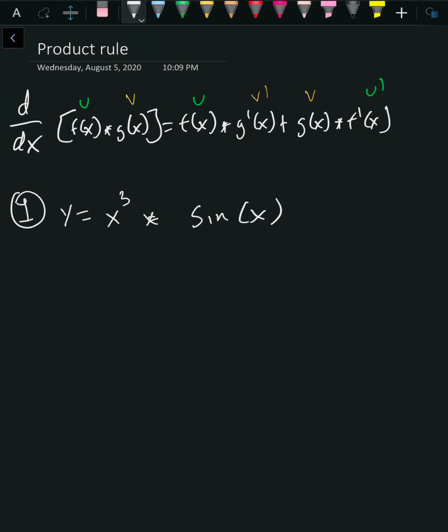y is equal to x cubed times sine of x. Right. Like I said, this is going to be our first term and this is going to be our second term. Before starting to solve, let's find the derivatives of each of the terms right on the side. So the derivative of u, the first term, we have to use the power rule.